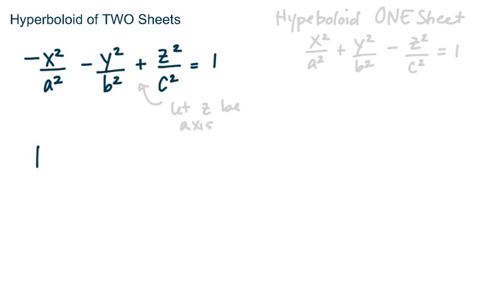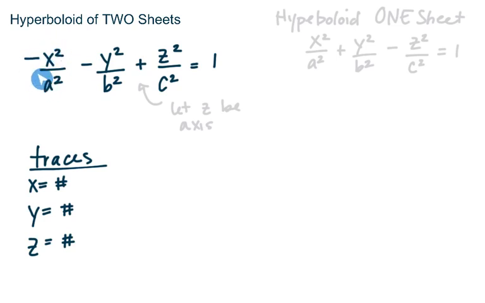And if we think about our traces, what shapes we get. So letting x equal a number, y equaling a number, and z equaling a number. If I let x equal a number, this becomes a constant. I have a hyperbola. If I let y equal a number, again, that becomes a constant, and I'm left with another hyperbola.